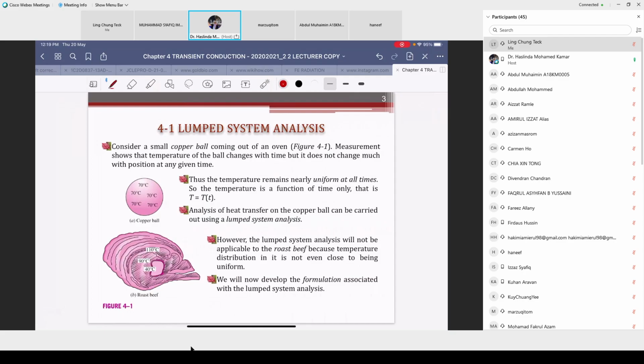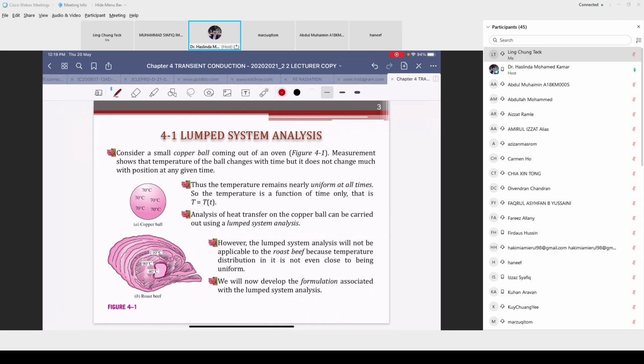Okay. In this slide, I show two types of medium. Because this is conduction, of course lah, material that is solid. Two types of materials. The first one is copper ball and the second one is roast beef.